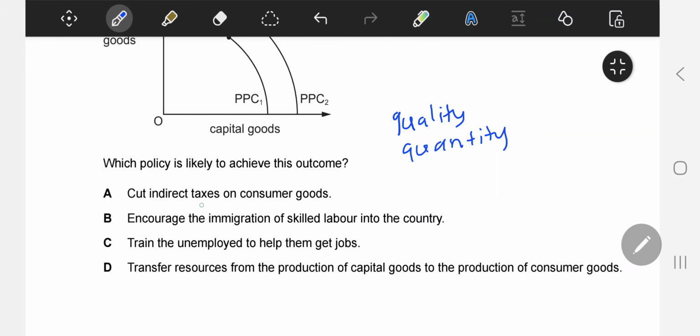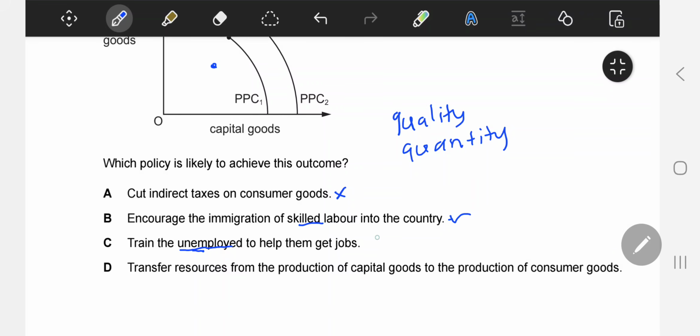Cut indirect taxes on consumer goods. That's not going to increase anything to do with factors of production. Encourage immigration of skilled labor. Okay, this one could be true. Train the unemployed to help them get jobs. If there are some unemployed people, it means the economy is probably somewhere inside here.